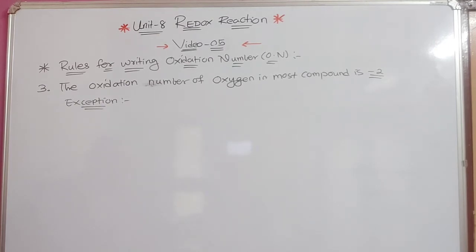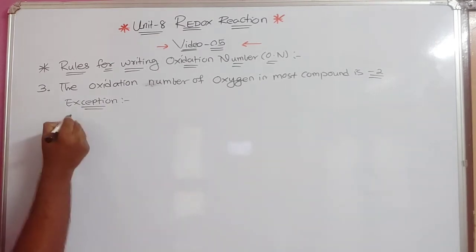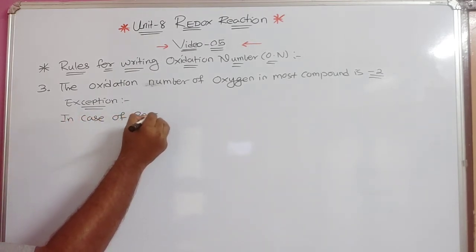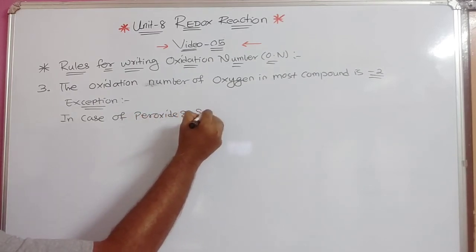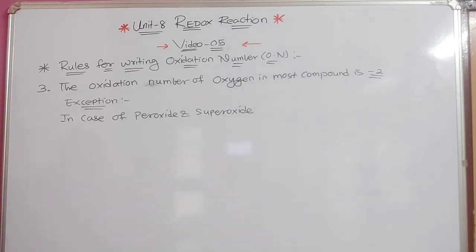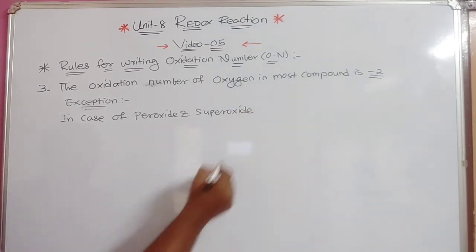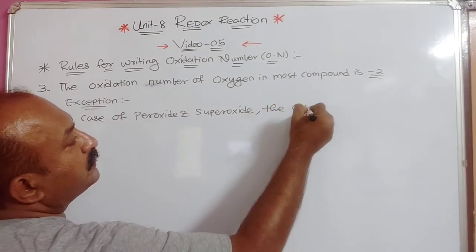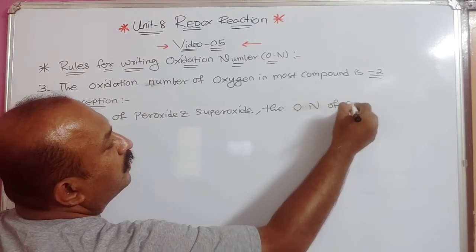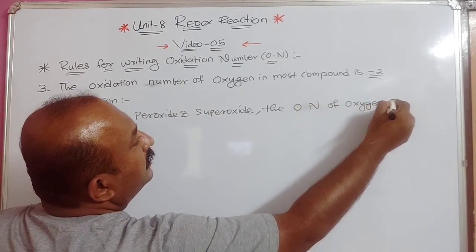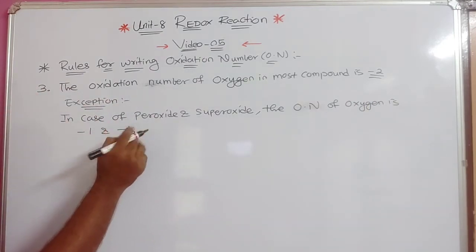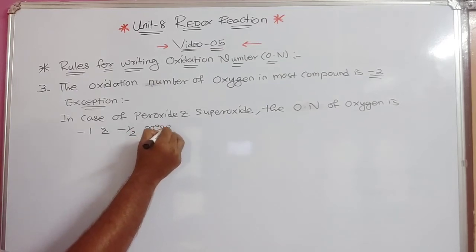In the case of peroxide and superoxide, I write like this, O.N., oxidation number of oxygen is -1 in peroxide and -1/2 in superoxide respectively.